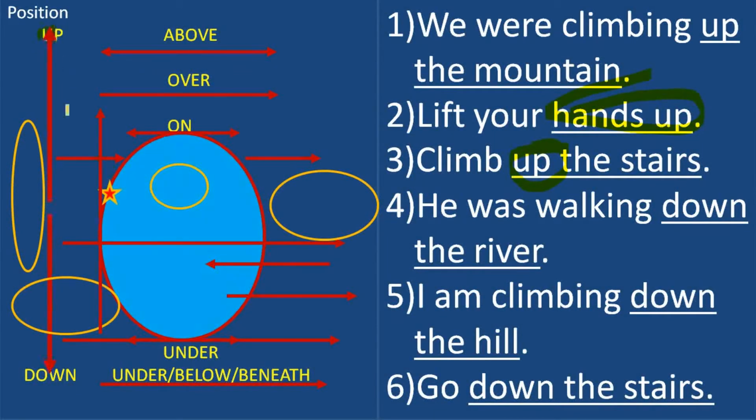I think if you notice both arrows, you will be clear about up and down. Up and down direct the motion or our speed.